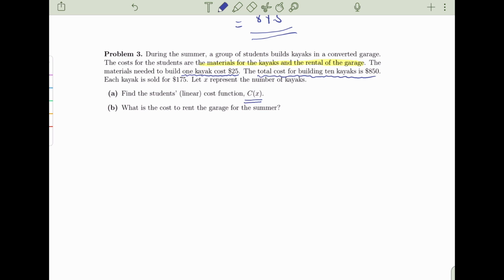The last piece of information has told us that if we want to build 10 kayaks, then the cost is $850. So this is the first point. Where is the second point? Go back to the previous condition. It says if you want to build 1 more kayak, you're gonna pay $25 more. So this condition tells you the slope, or the marginal cost, of the kayak.